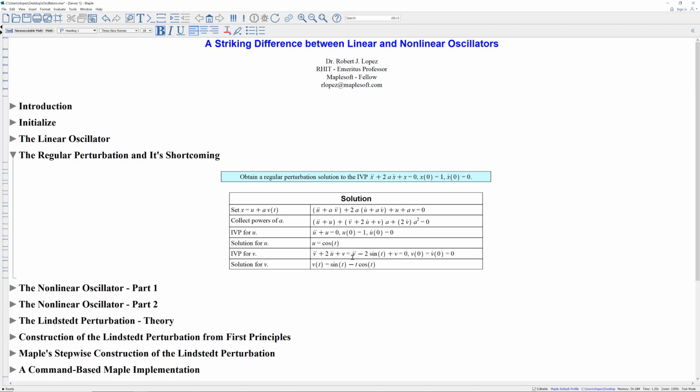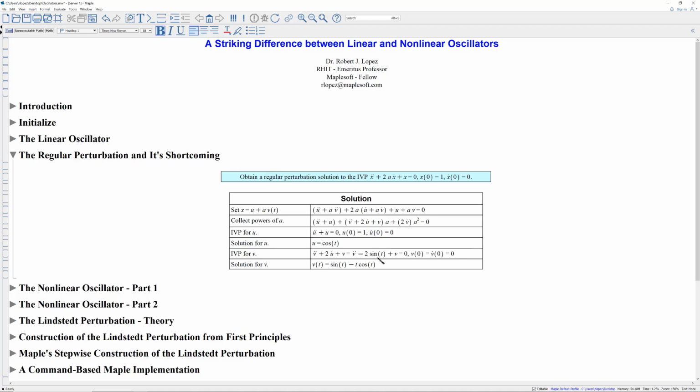That forms the homogeneous part of the differential equation, and this becomes the driving term. The homogeneous equation is going to contain a sine t and a cosine t, but the initial conditions will take care of which one drops out.